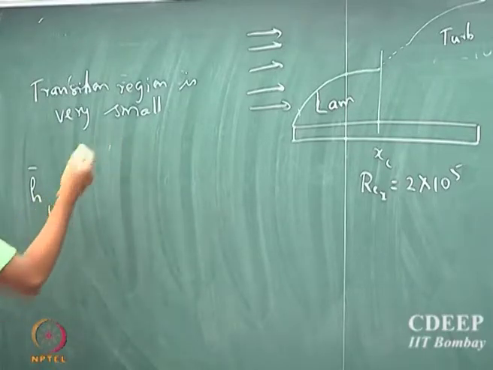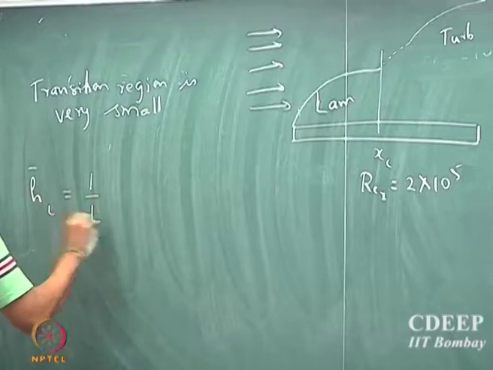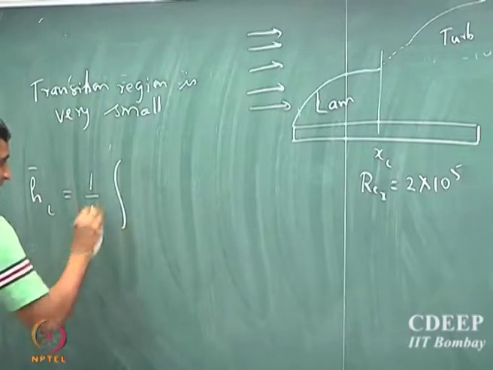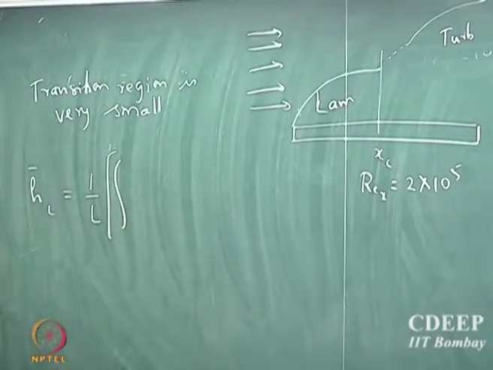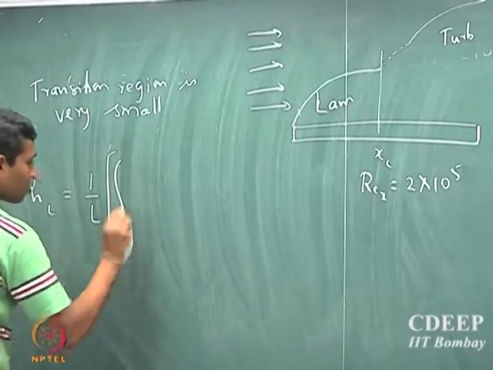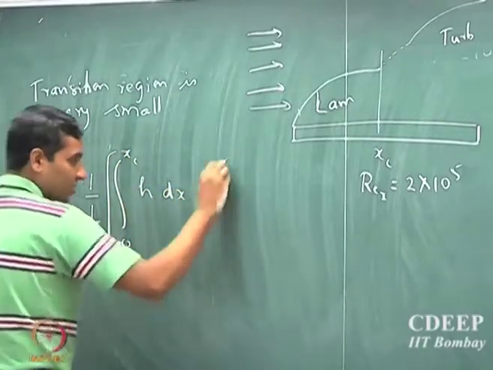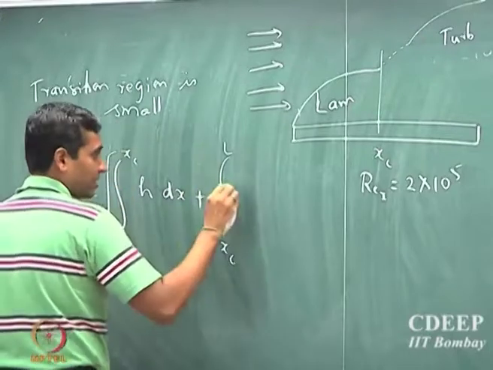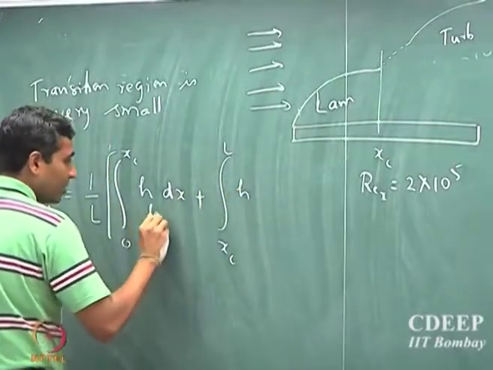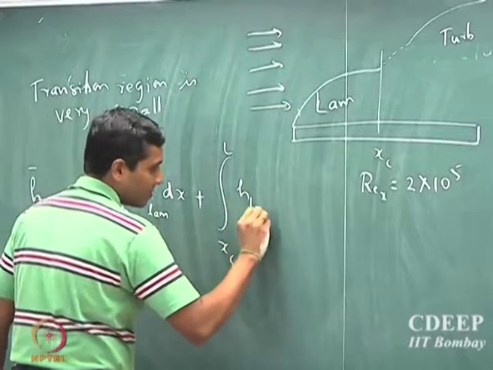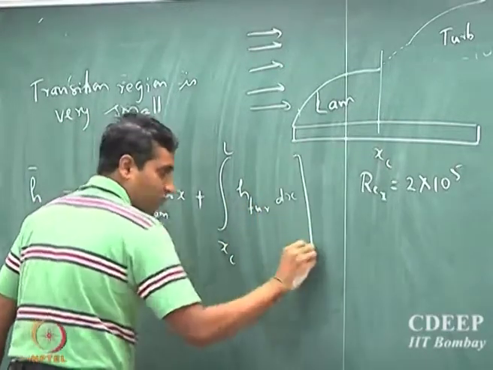If we assume that it's very small, then one could define average heat transport coefficient for mixed hydrodynamic condition, that is you have laminar and turbulent, simply as the integral of h dx from 0 to xc plus the integral from xc to L. So this is laminar heat transport coefficient and turbulent heat transport coefficient.